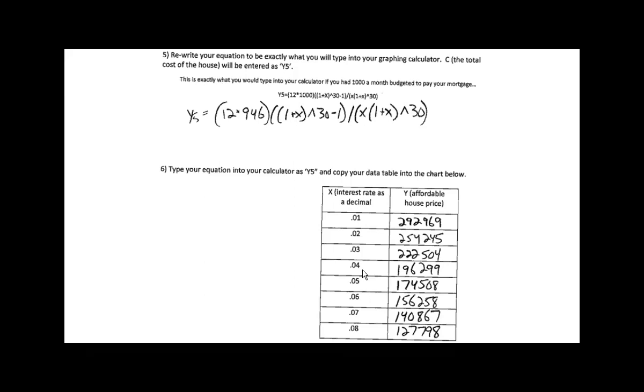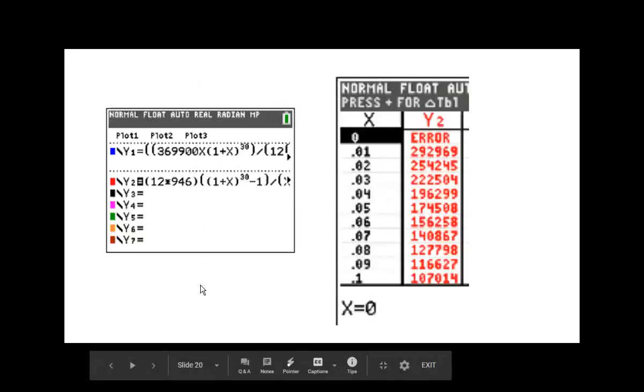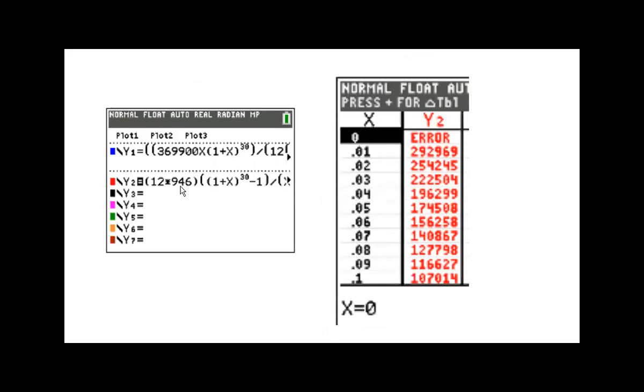So I think the estimated number we said before was a 4% interest rate based on current interest rates, right? So I would not want to buy a house for more than $196,000 based on this calculation, this formula, right? Now, here it is. This is exactly what I typed into the calculator, right? And then this is my data table.